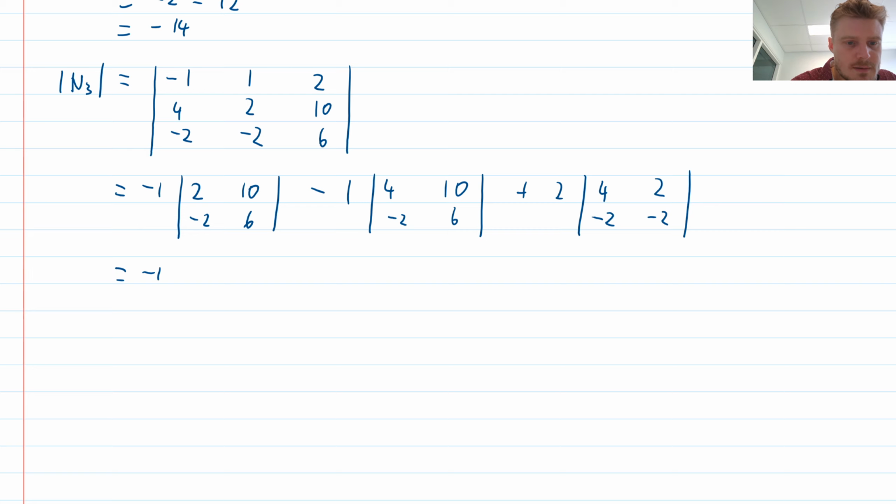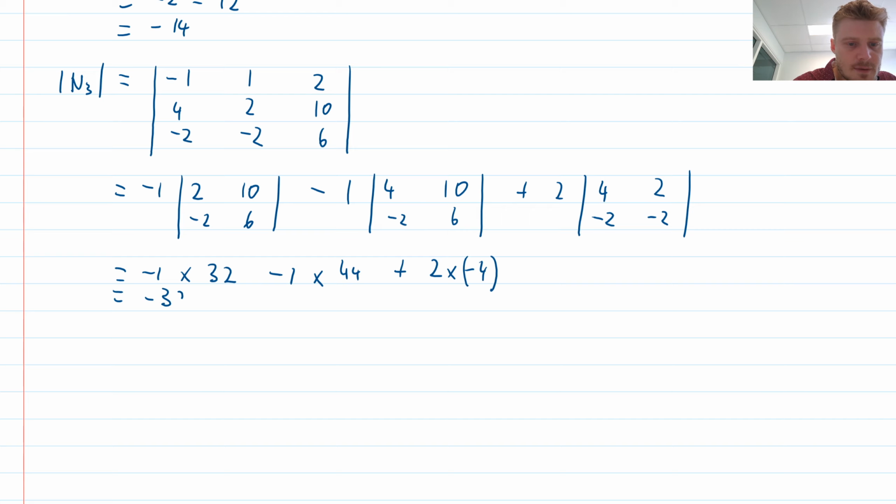And this will be minus 1 times, this is 2 by 6 minus 10 times minus 2, this is 32, minus 1 times 4 times 6 minus 10 times minus 2, this is 44, and 2 times, so that is 4 times minus 2, minus 2 times minus 2, which is minus 4.